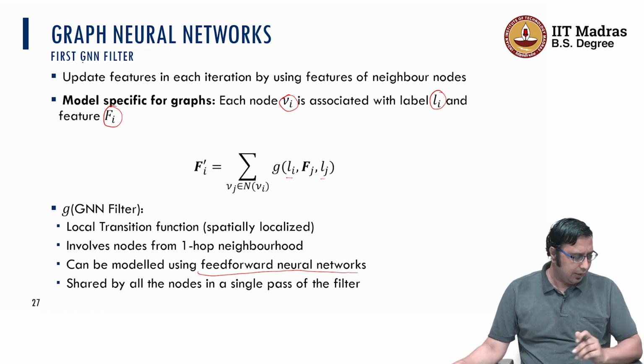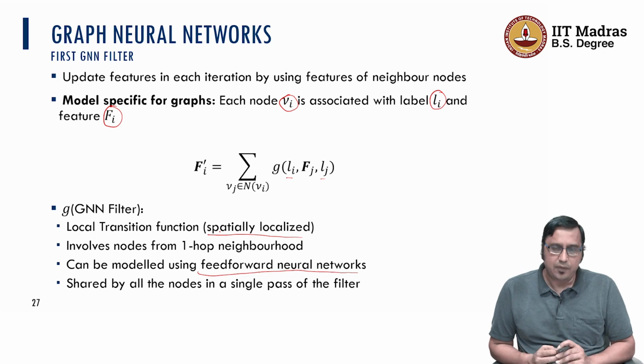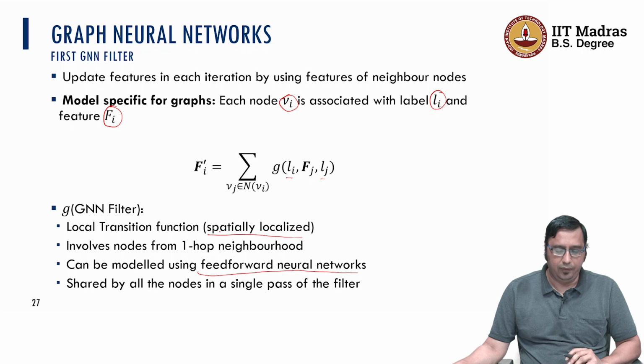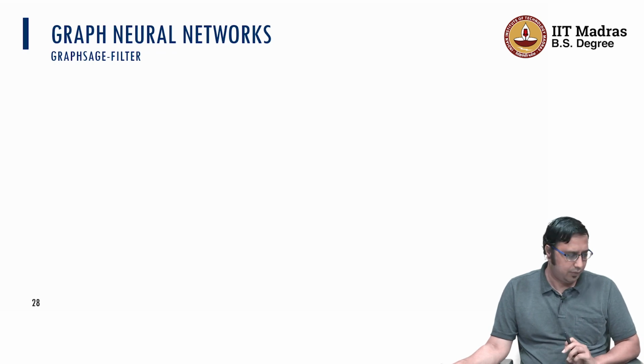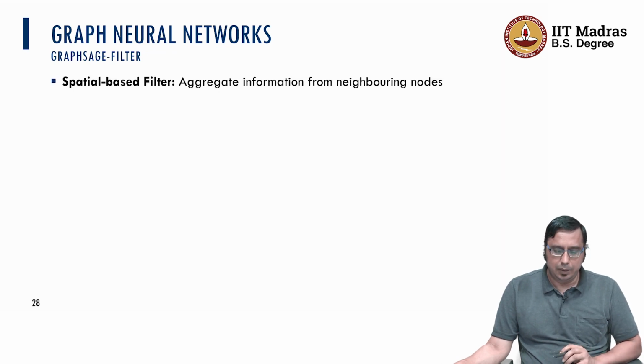Now, if you look very carefully, we have somehow used spatially localized information. Can we perform the same kind of operations in a more systematic way? The GraphSAGE filters are similar kinds of spatial based filters which can be used for graph filtering.